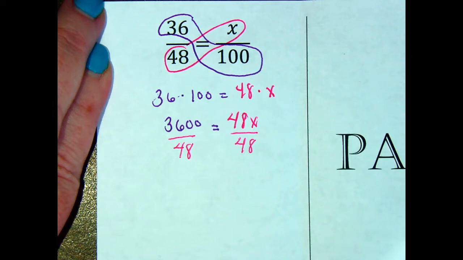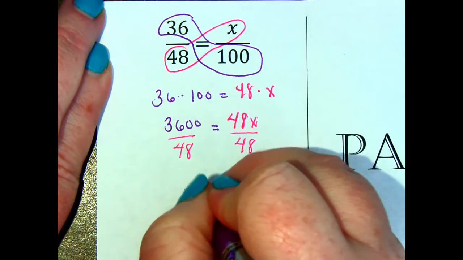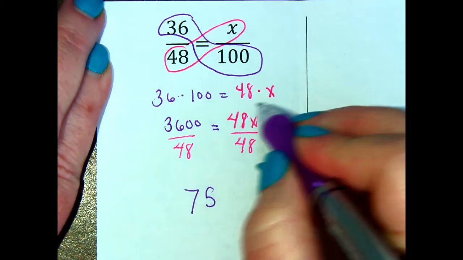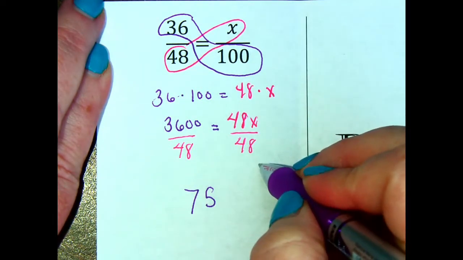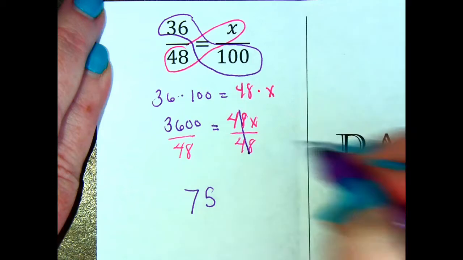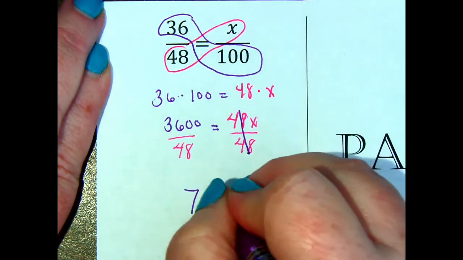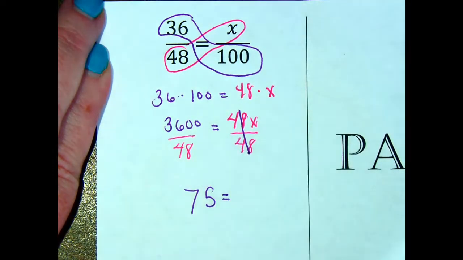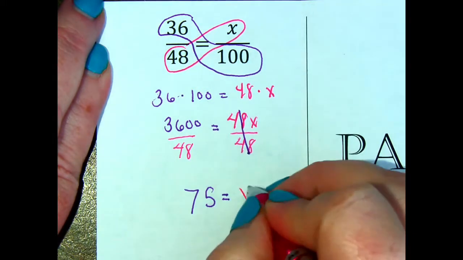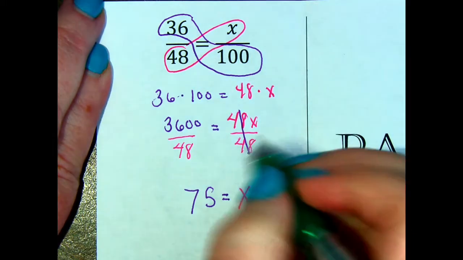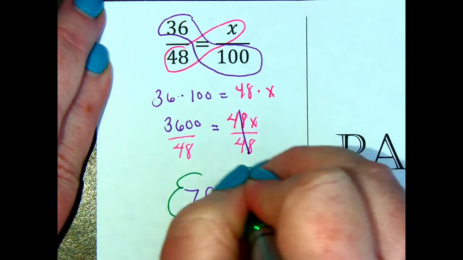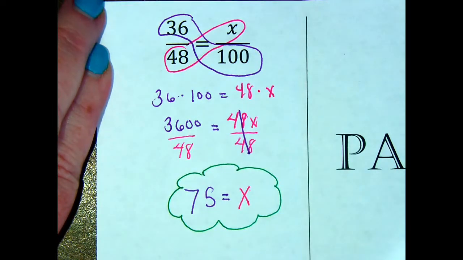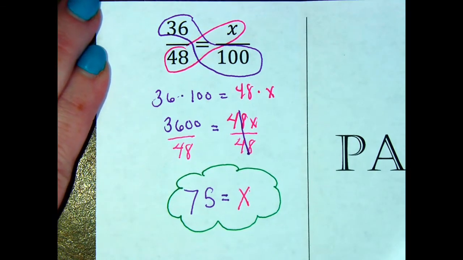And 3,600 divided by 48 is going to be 75. 48 divided by 48, if you remember from our fractions review, reduces to 1, and I am just left with 75 is equal to x. And then I circle my answer. So that's how I solve a basic proportion.